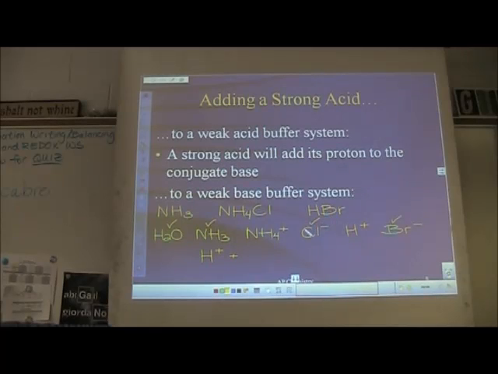Why will it definitely not be these two? Because those would form strong acids. Not going to happen. Which one of these is more basic? Ammonia! Ammonia is a base. Water is very neutral. What is this going to form? NH4 plus.